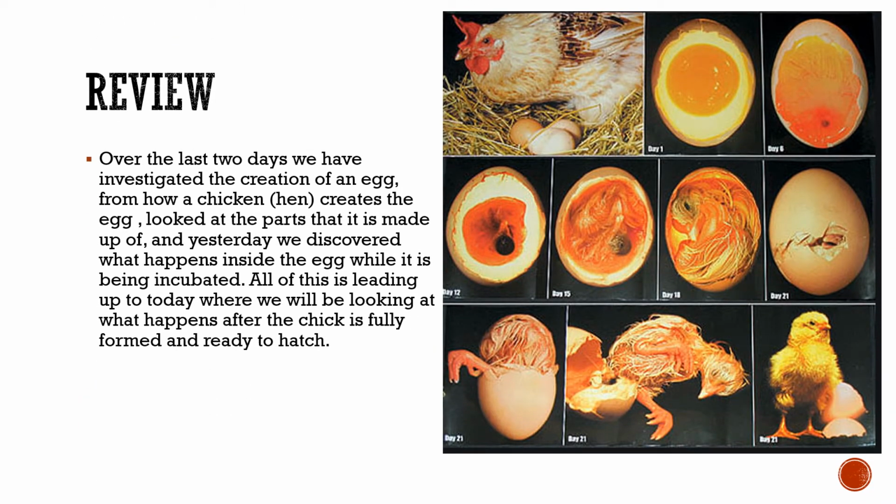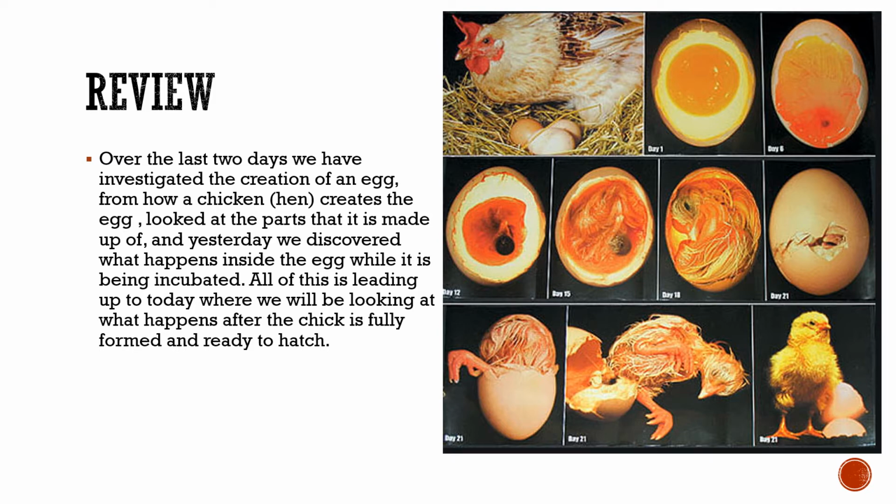Just a quick review over the last few days. So over the last 2 days, we've investigated the creation of an egg, from how a chicken, particularly a hen, creates the egg, looking at the parts that it is made up of. And yesterday we discovered what happens inside the egg while it's being incubated.